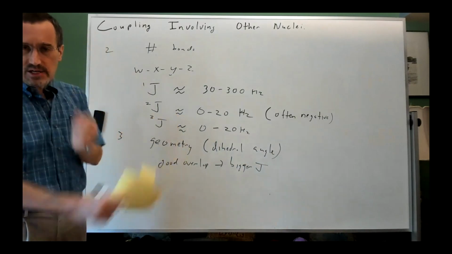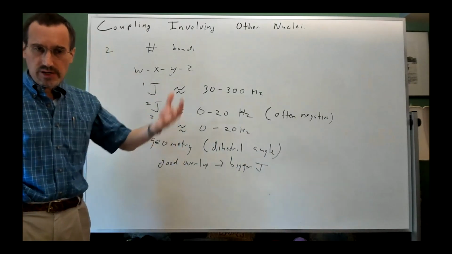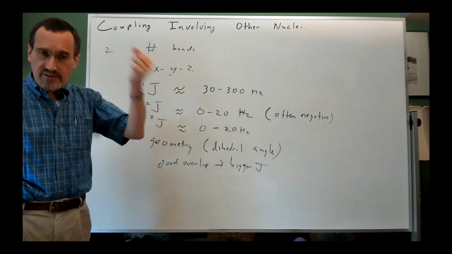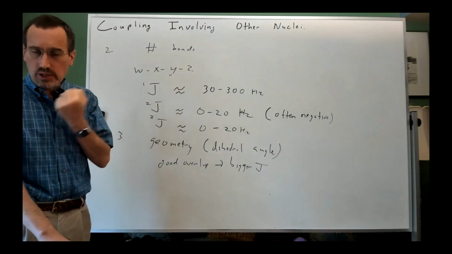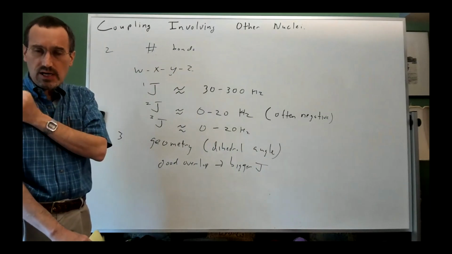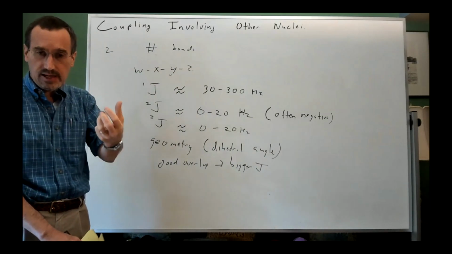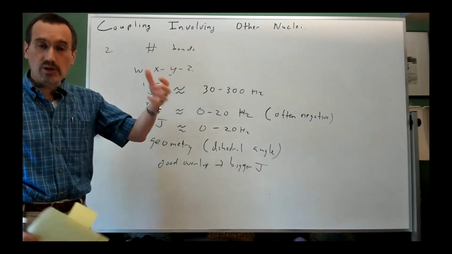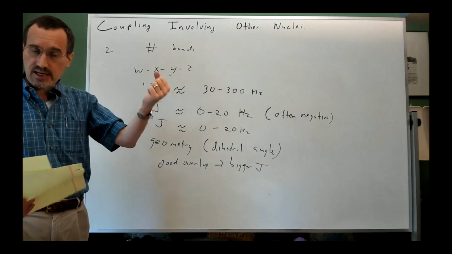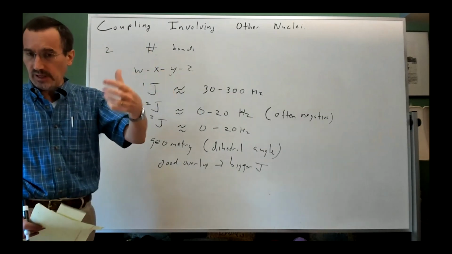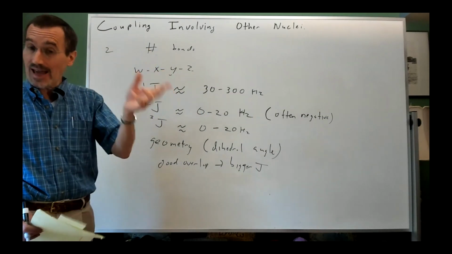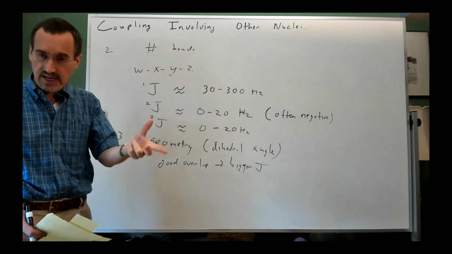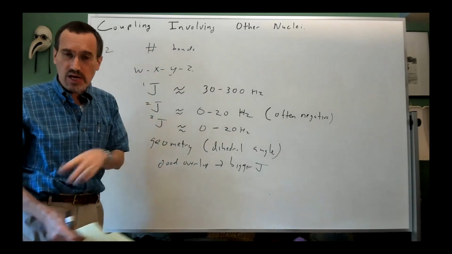If you have a 90-degree dihedral angle, you're going to have essentially no coupling. If you have an anti-periplanar relationship, you'll have a very strong coupling, a very big coupling constant. If you have a syn-periplanar relationship, you'll have a big coupling constant. If you have a gauche relationship, like equatorial-equatorial or equatorial-axial on a cyclohexane ring, your J will be small.